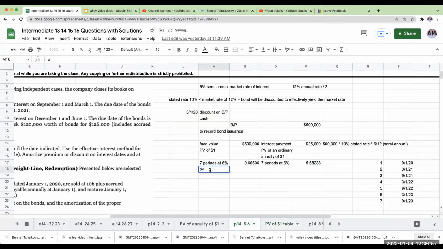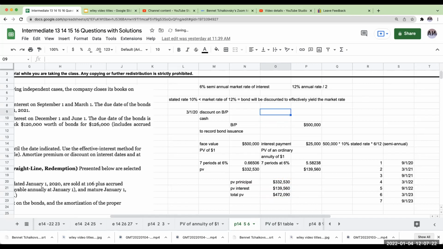So my present value of these future cash flows: the present value of the principal and the present value of the interest. Over here, the principal is $332,530. The interest payments are $139,560, and this totals $472,090.